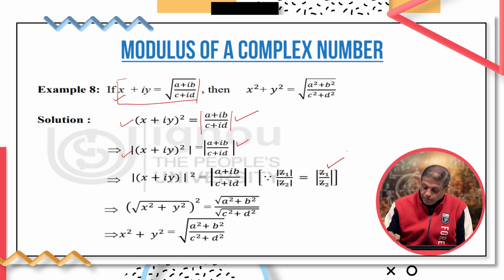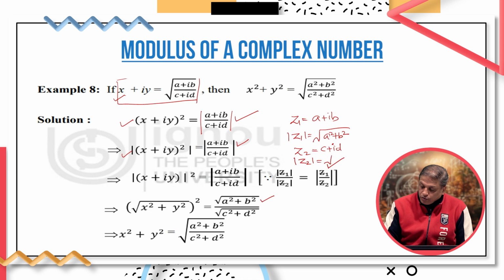Applying this concept, because z1 is equal to a plus ib, modulus of z1 will turn out to be square root of a square plus b square. Similarly, z2 is equal to c plus id, so modulus of z2 will turn out to be square root of c square plus d square.